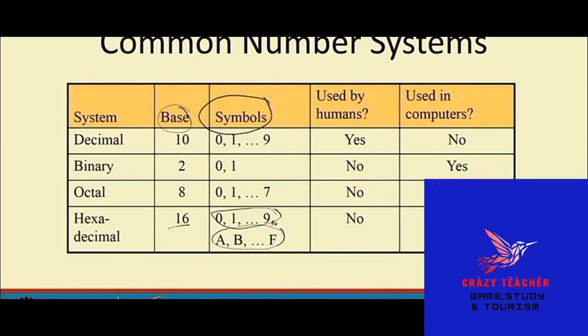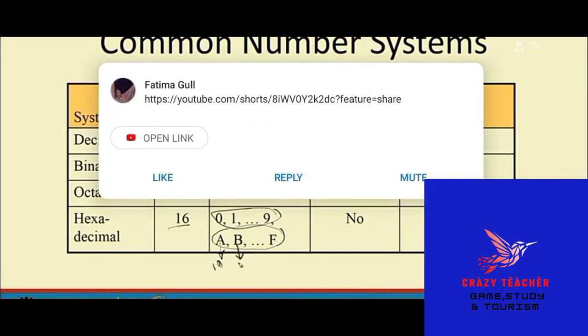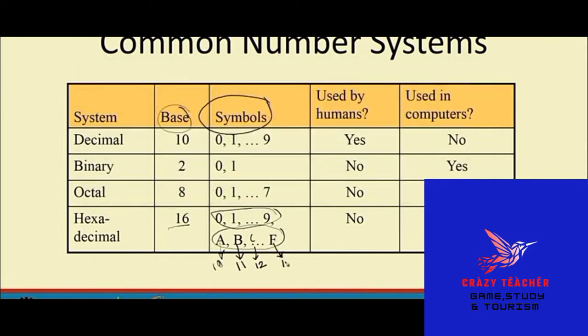And here comes the thing I was talking about, the value associated with the symbols. A is associated with the integer value 10, B with the integer value 11, C with 12, and that way F with the integer value 15.